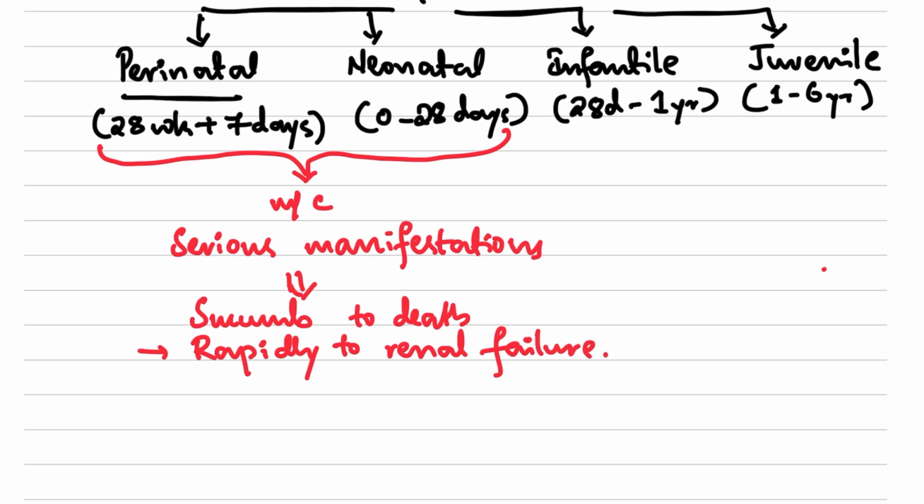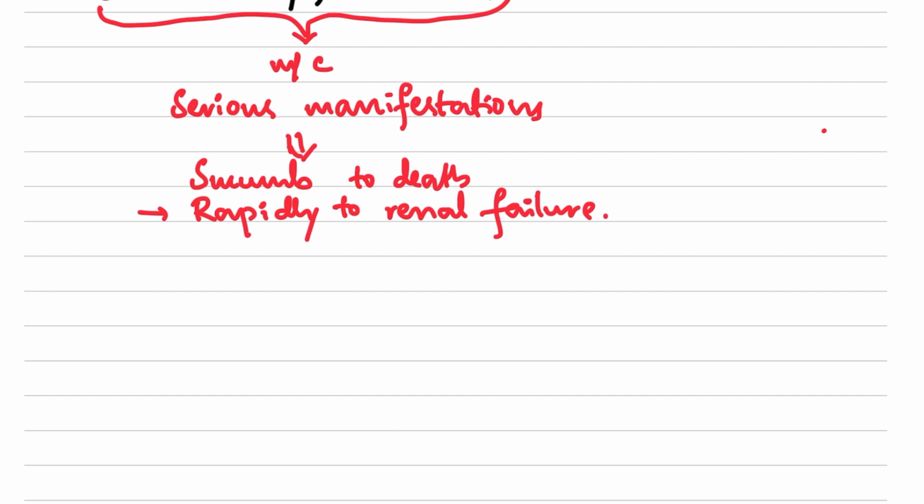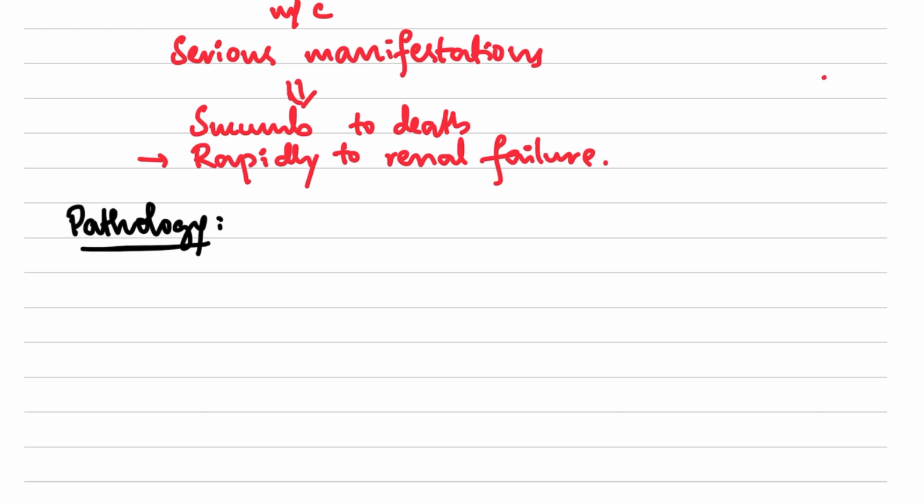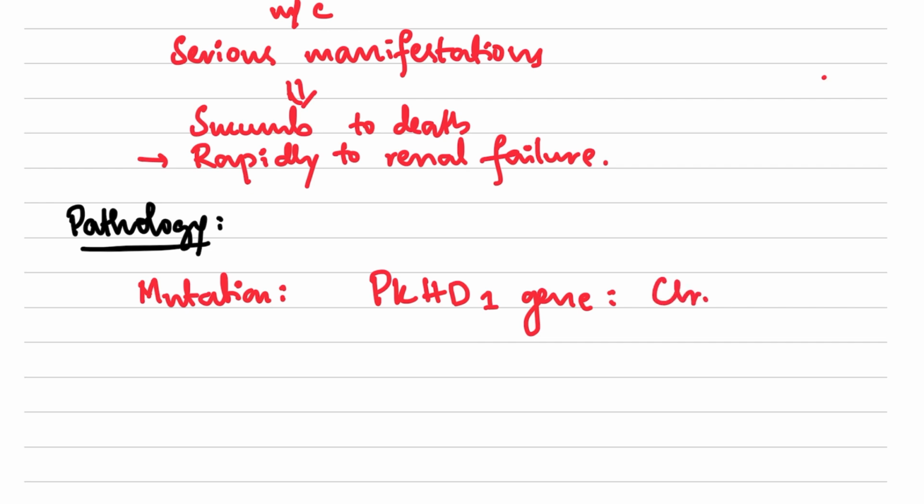Now, what is the main pathogenesis behind the childhood polycystic kidney disease? We'll look at that. Pathology. The predominant pathology that happens in the autosomal recessive childhood polycystic kidney disease is a mutation. Mutation in what? Mutation in the PKD1 gene, which is located on chromosome 6q21.